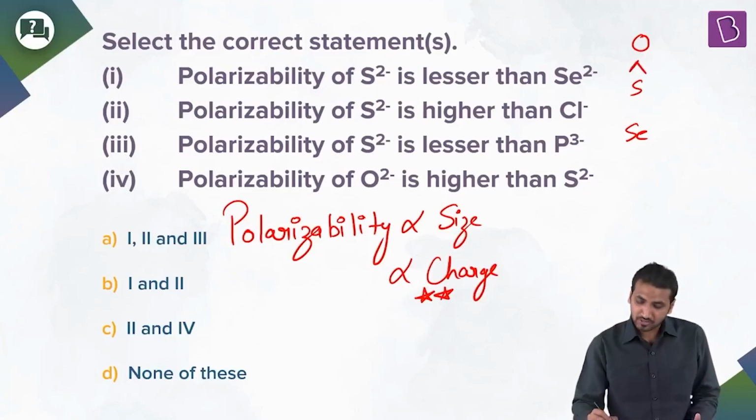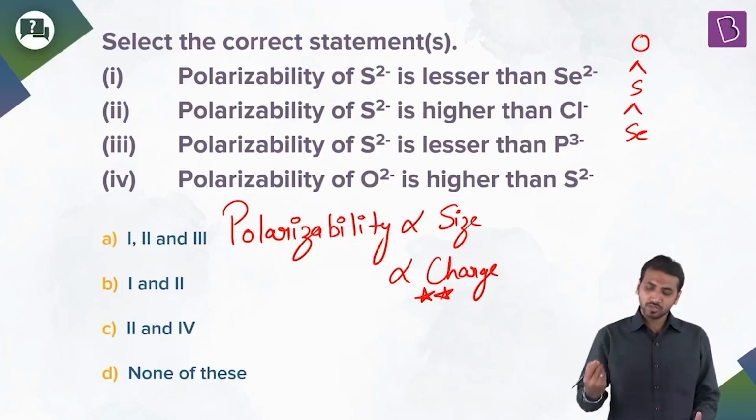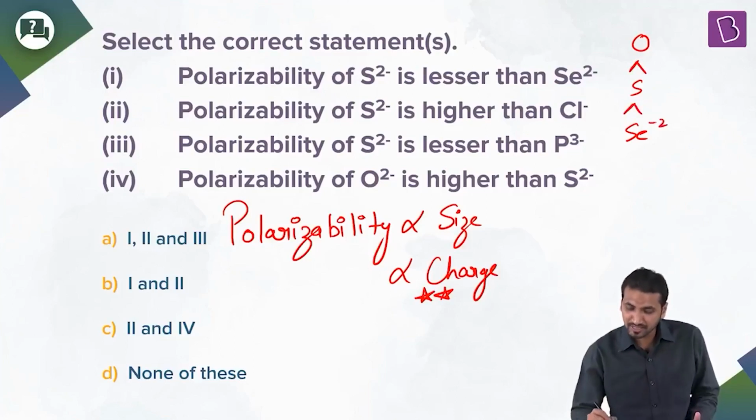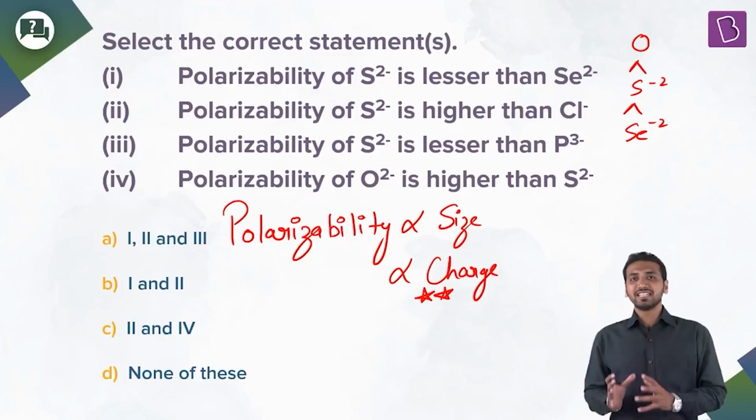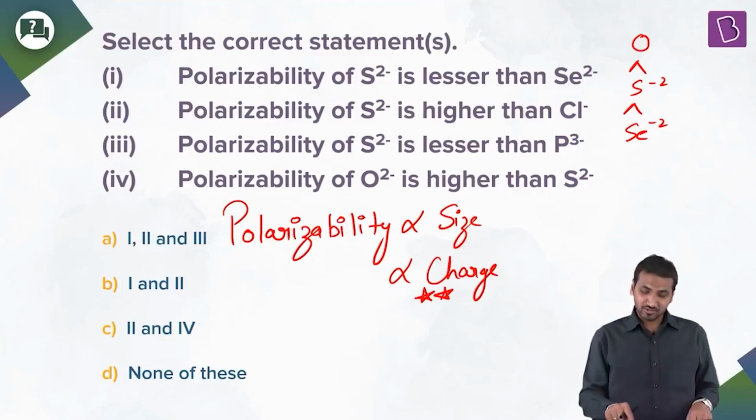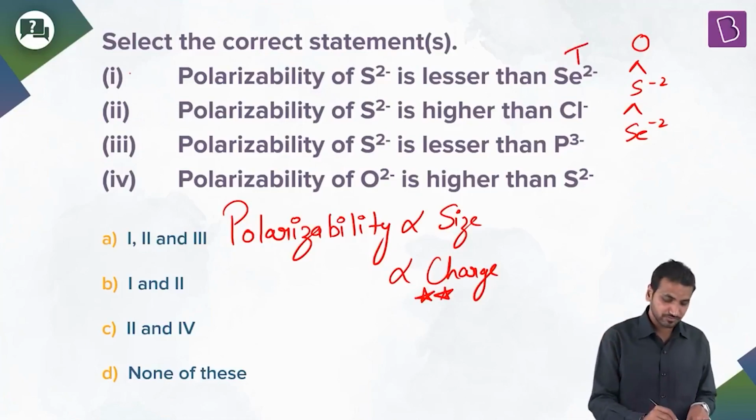As you move down the group, the size increases. So, Se2- will have higher size than S2-, and so Se2- is going to have higher polarizability. It says polarizability of S2- is lesser than Se2-. This is a true statement.